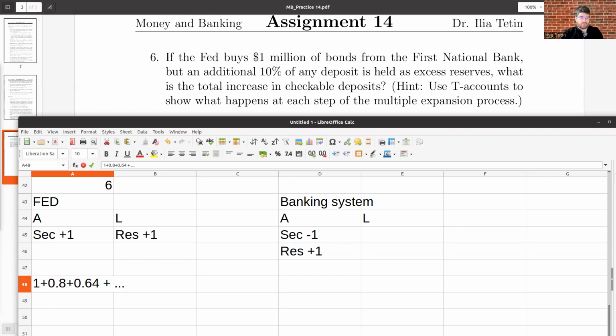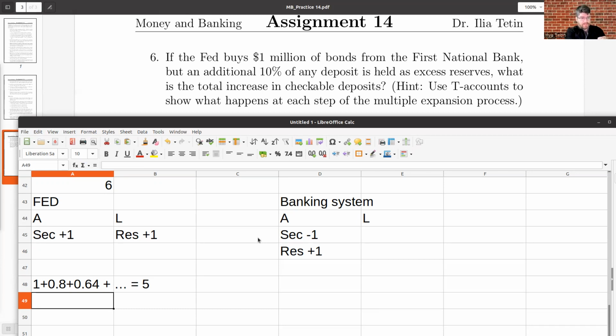This will be 0.512, 0.4096 and so on. So if we sum this up, this row, it will end up with 5 million. So it actually will be 5 million. And the effect is the same: 1 divided by 1 minus 0.8, 1 over 0.2.